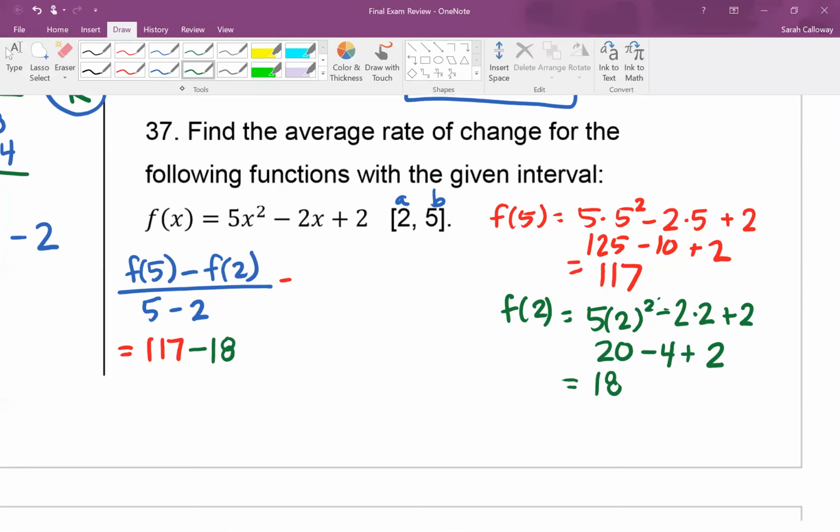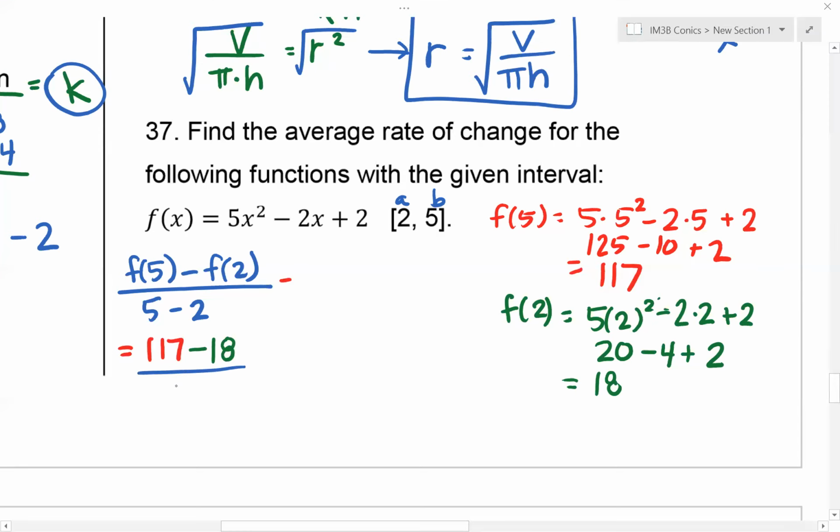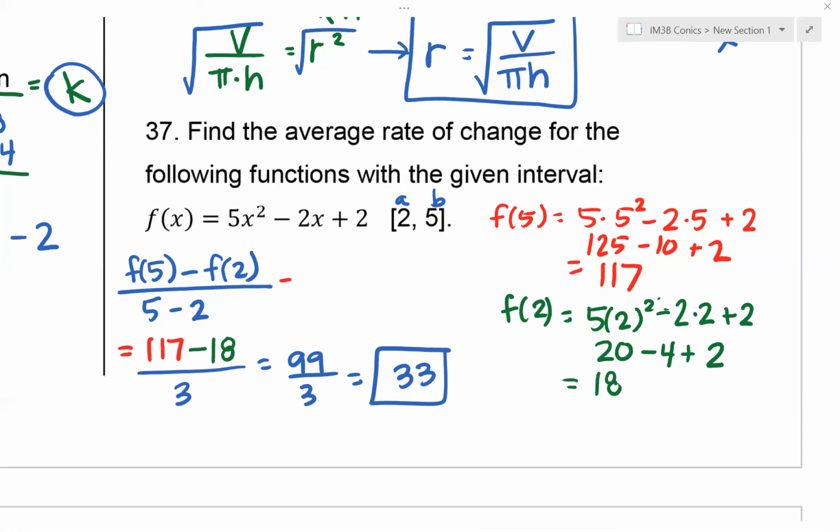And then I'm just going to simplify. 5 minus 2 we know is 3. So 117 minus 18 is going to give us 99. 99 divided by 3 is 33. So the average rate of change for f of x on the interval 2 to 5 is 33.